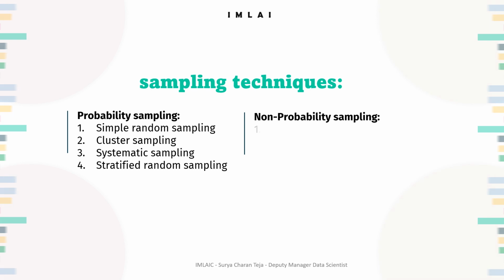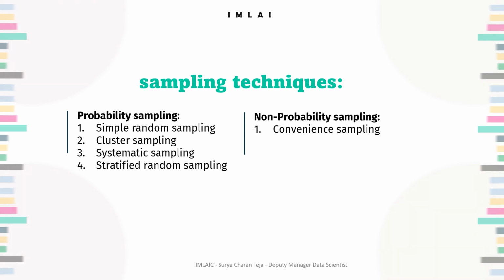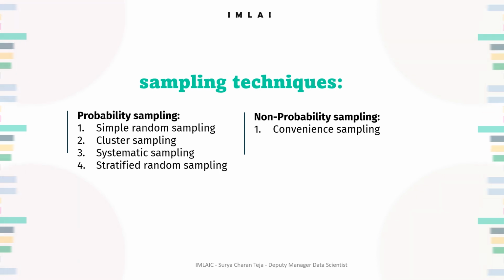In non-probability sampling, the first one is convenience sampling. This is a non-probability sampling technique where individuals who are easily accessible or available are selected for the sample. This method is often used in situations where time, cost, or resources are limited.